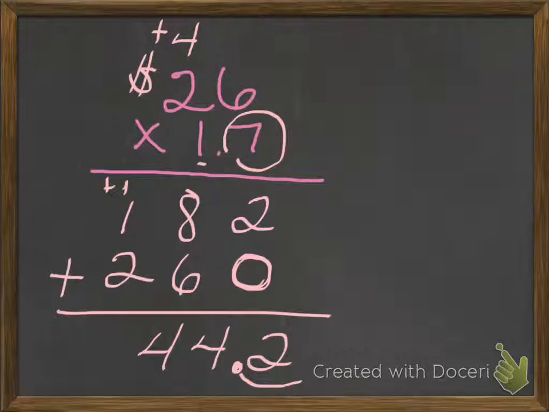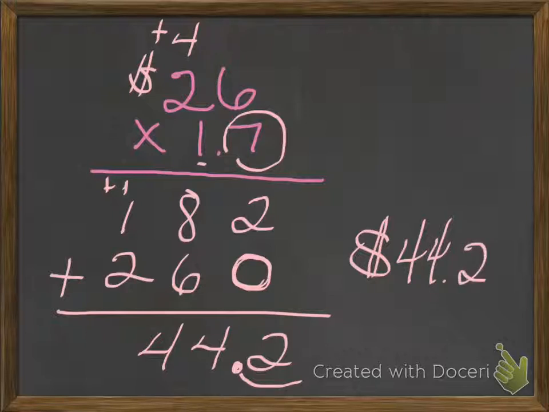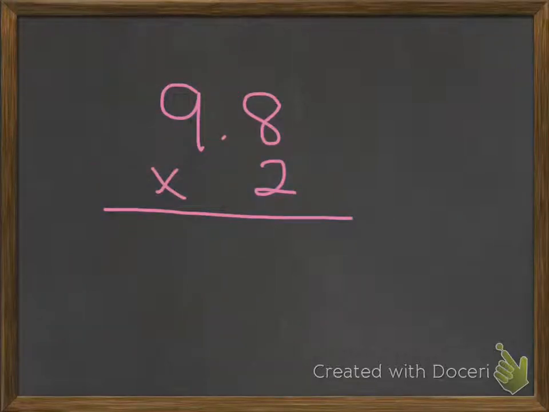So we are using money, remember. So when we're using money, we've got $44.20. So I'm going to go ahead and put a 0 on there so it looks like money, because normally you would have a 0 to show it's 20 cents. Okay, so there we go. Not too shabby, not too hard.